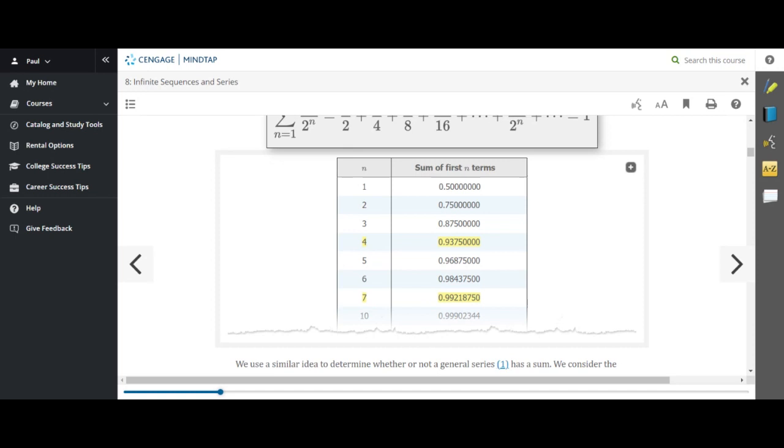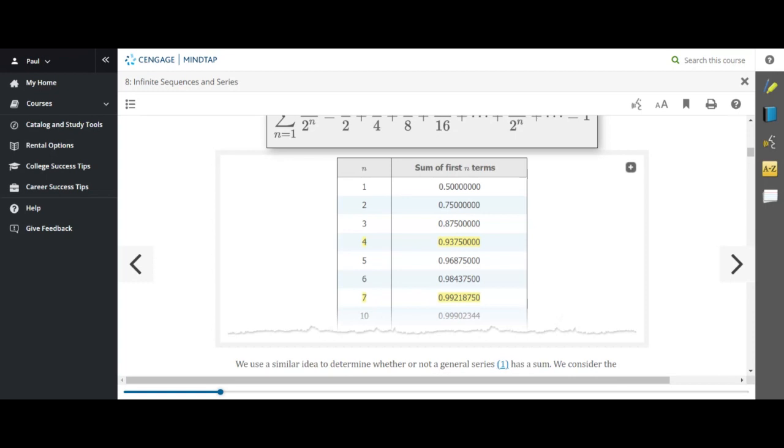The sequence of partial sums appears to approach 1 in the table on the right. Look at the 7th partial sum, which is the sum of the first 7 terms. That's 0.9921875. So that might make you think, okay, maybe 1 is going to be the sum of the series.